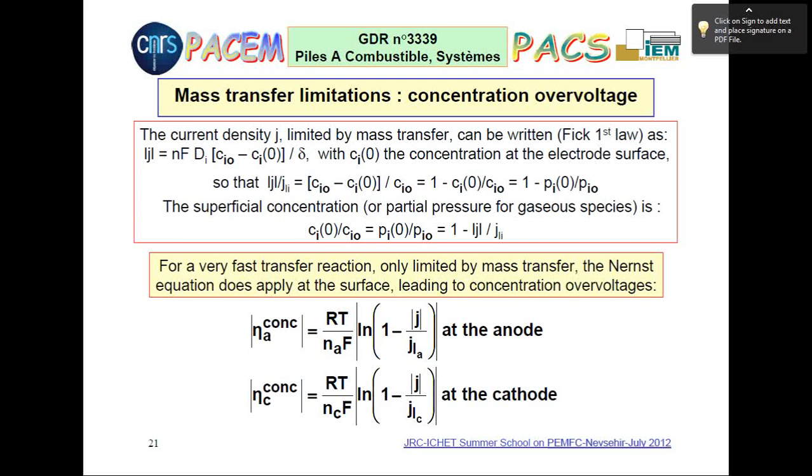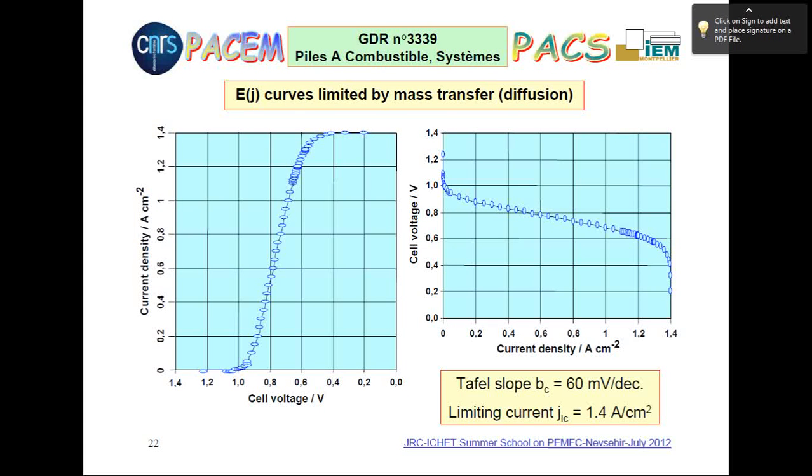Okay, so you can see how it is with curves. If you draw this curve, you can theoretically calculate the current density versus the cell voltage for what is called the Tafel slope. That's more or less the slope for the electrochemical process, 60 millivolts per decade. You can choose a given limiting current density, 1.4 amps per square centimeter. So you see, you have the limiting current density, and you start to reduce oxygen from 1.23 volts.